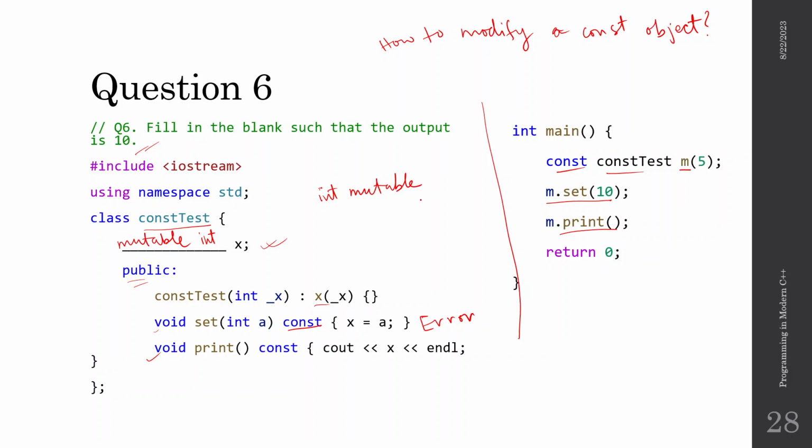If you write this keyword, then it will allow you to modify x even though the object is declared as a constant object, or even if you have this const in the function. Now I'll explain why this keyword is given and why we might want to modify a constant object.